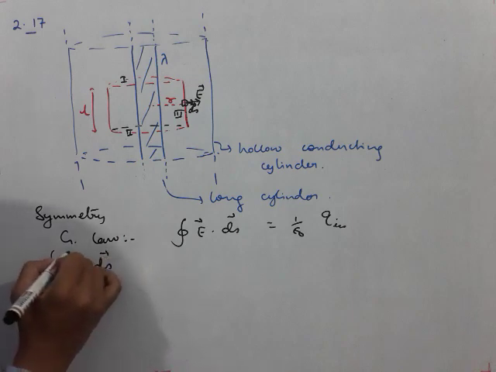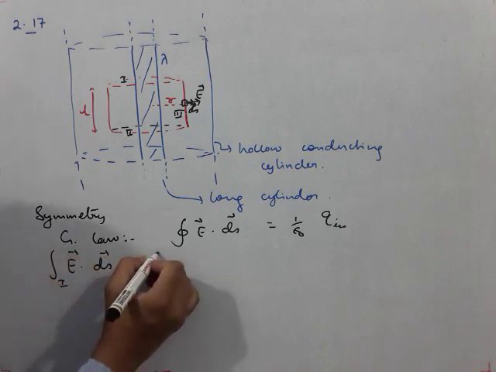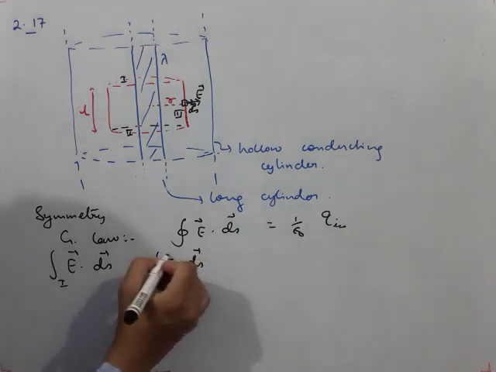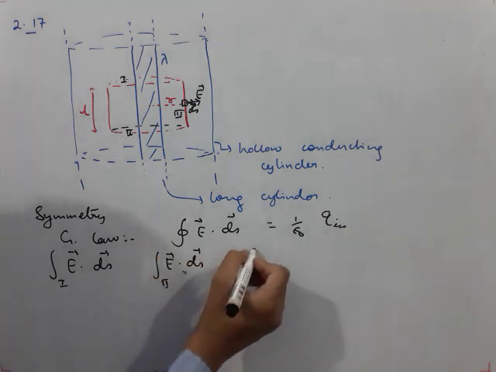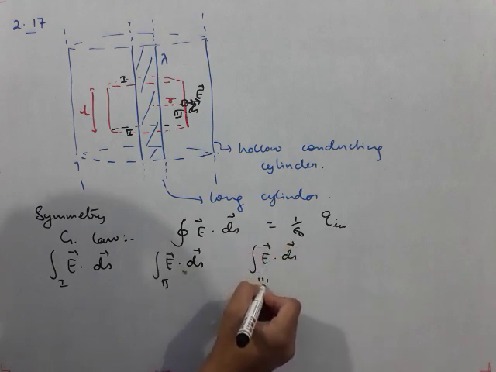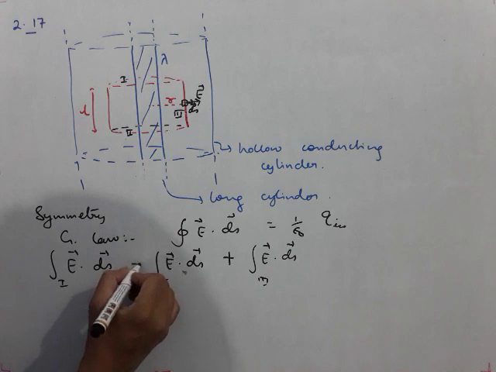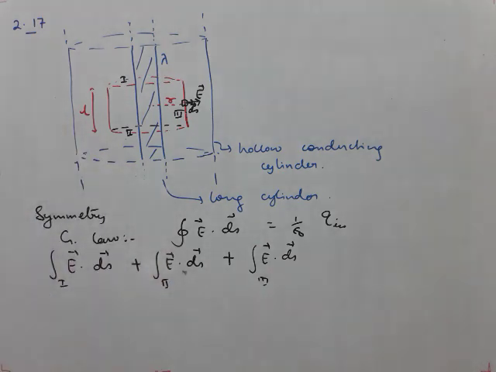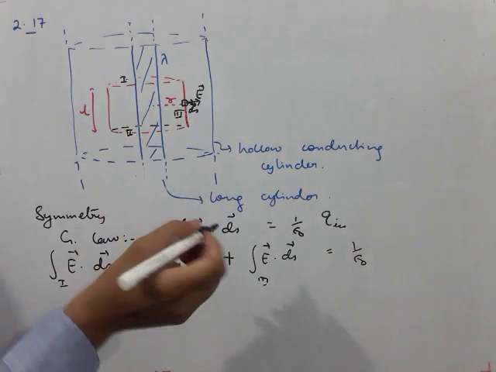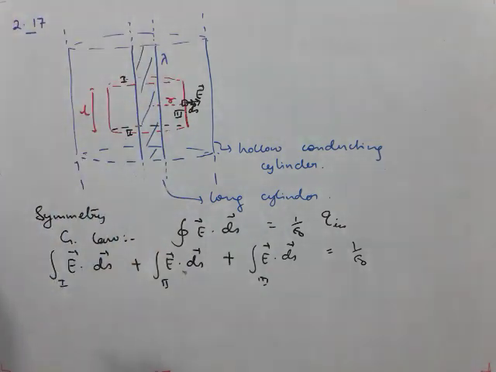This will be integral E dot ds over region 1 plus integral E dot ds over region 2 plus integral E dot ds over region 3. And in RHS, we'll have 1 by epsilon naught times q in. Q in is the charge inside the Gaussian surface.